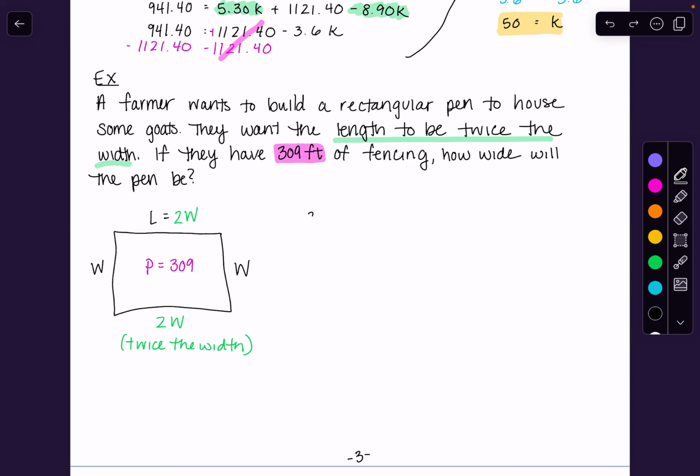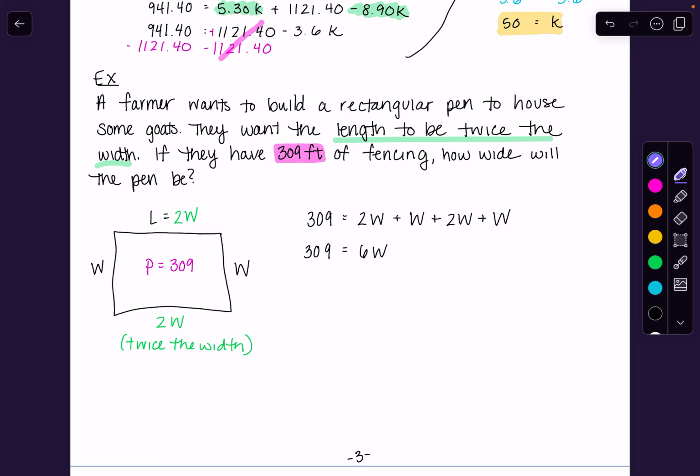So starting with the top side, that's 2W. The right is W. The bottom is also 2W. And the left side is W. So if we add up all of those, we've got 2 plus 1 makes 3W, plus another 2 is 5, plus another W leaves us with 6W on the right-hand side.